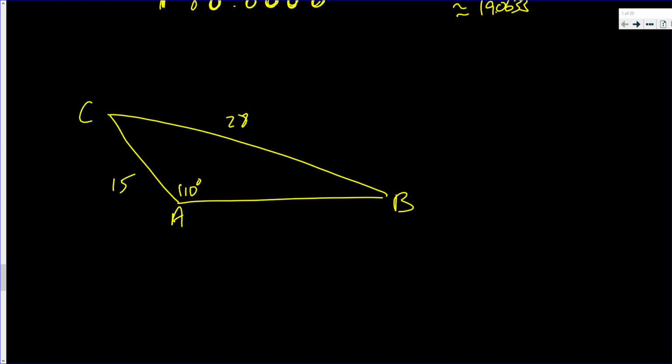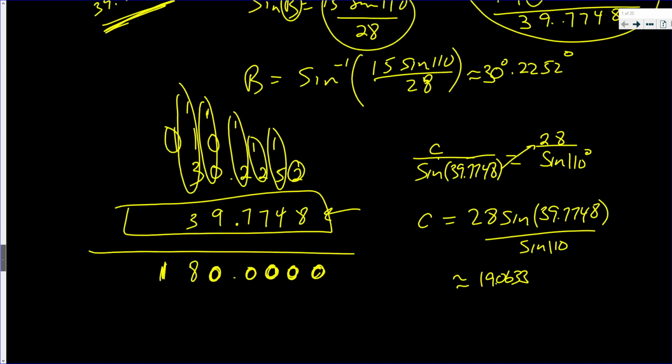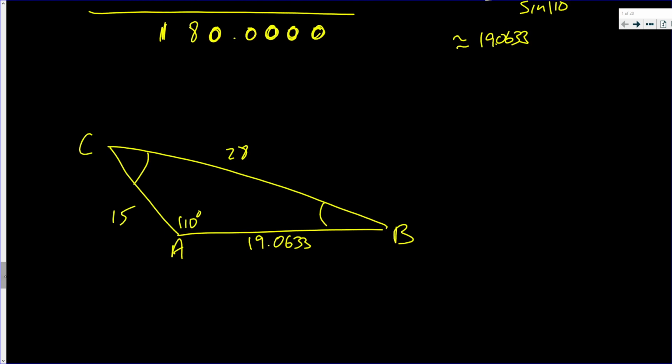And we found out that little c was 19.0633. And what's angle B? 30.2252. And the other one is 39.7748, since the three angles must add to 180.